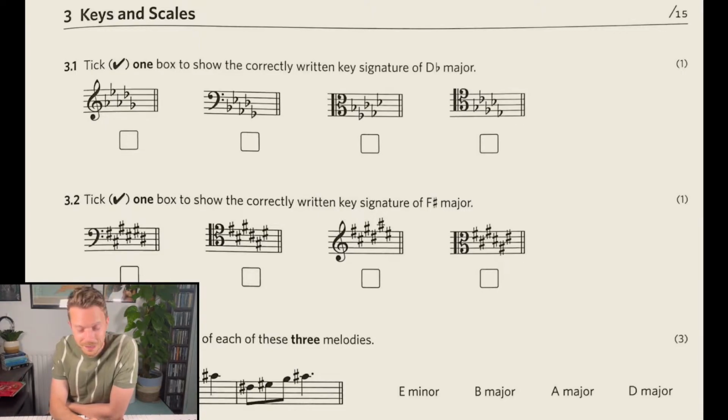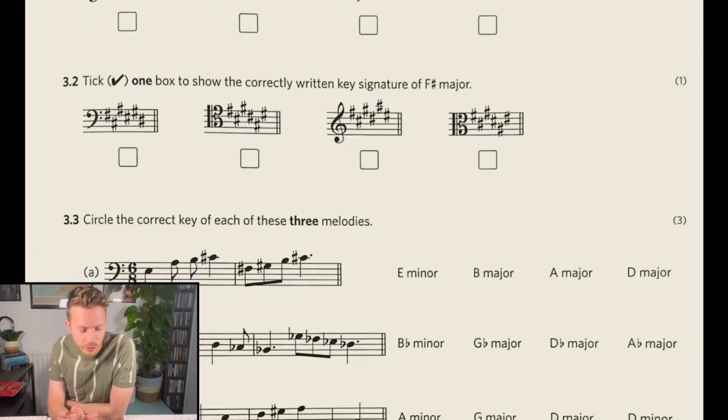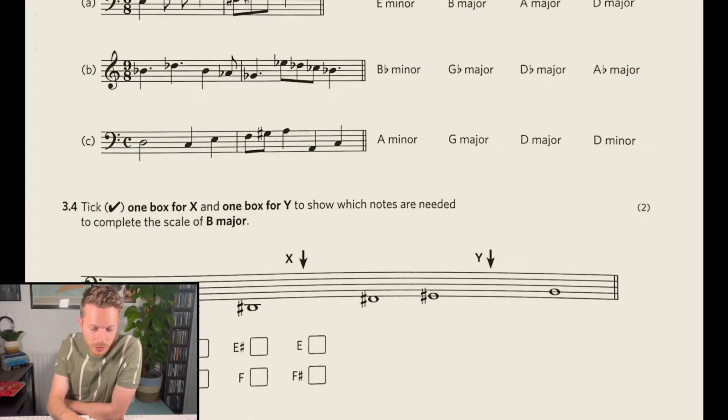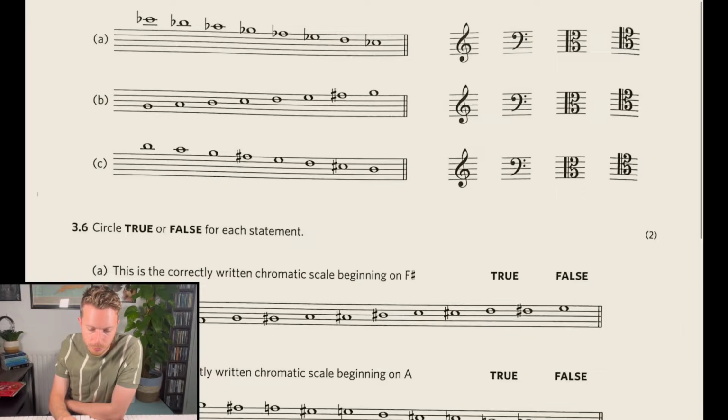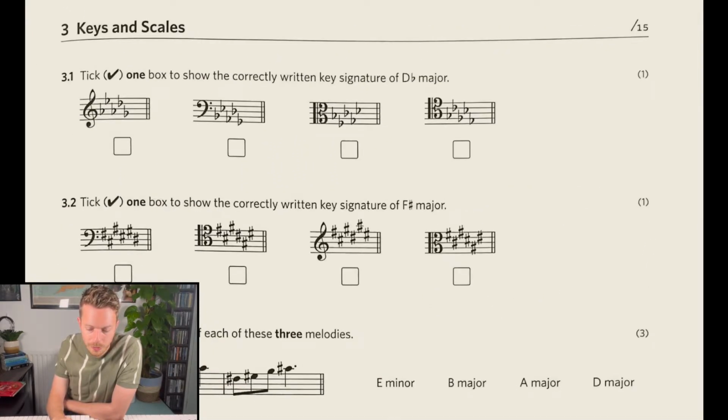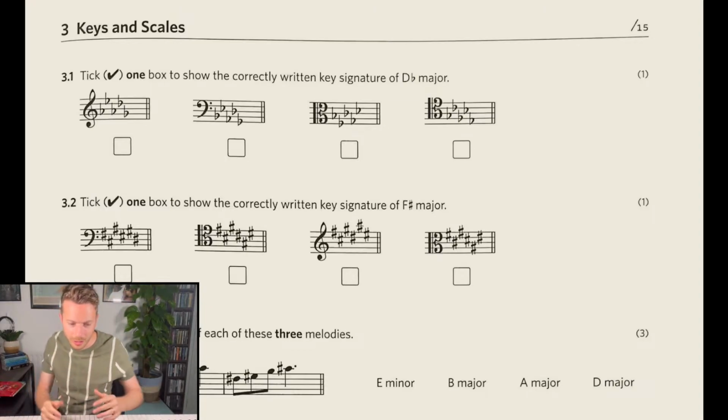Okay, so we're looking at keys and scales. We're talking about the order of flats, the order of sharps. If we don't have a key signature, we want to fill that in. We want to fill in missing notes from scales and look at chromatic notes, talking in the technical terms of what position the notes are in a scale.